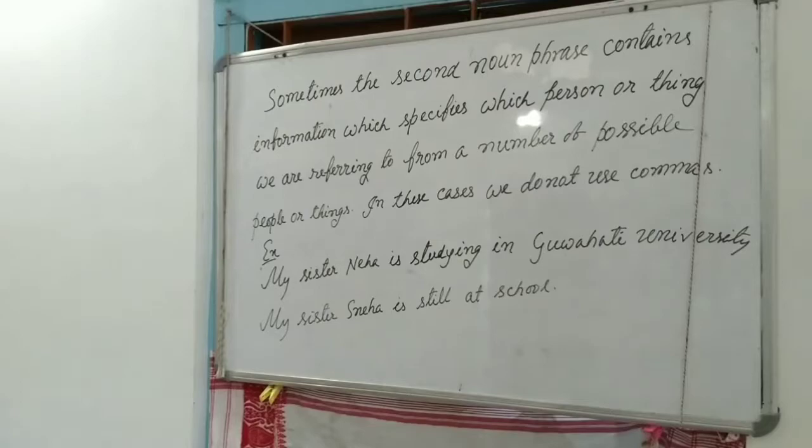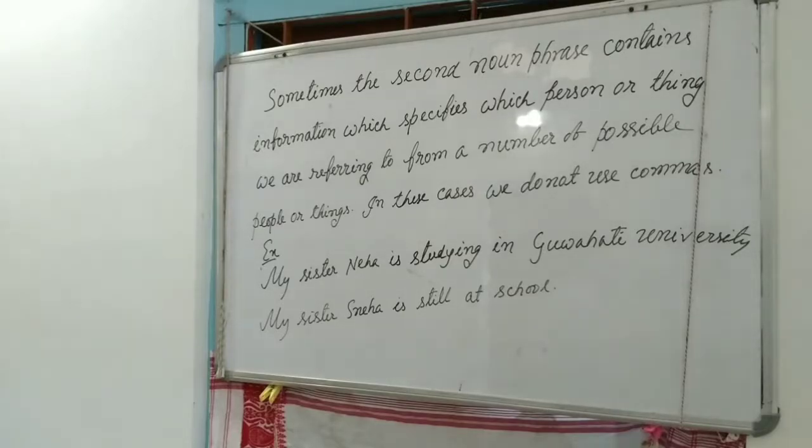In these cases, we do not use commas. I can repeat it. Sometimes the second noun phrase contains information which specifies which person or thing we are referring to from a number of possible people or things. In these cases, we do not use commas.